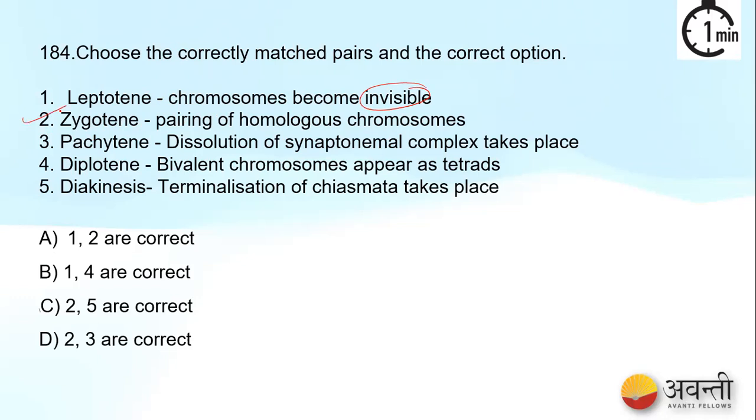Yes, that is also correct. So now what happened? It will lead to the tetrad formation, right? And the chiasmata. So now what happens in the next stage? Pachytene. Dissolution of synaptonemal complex takes place.